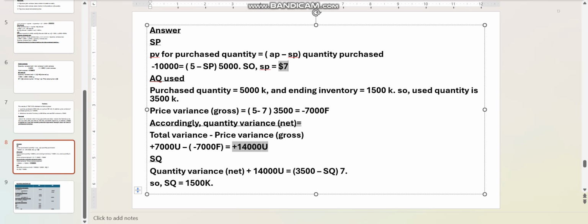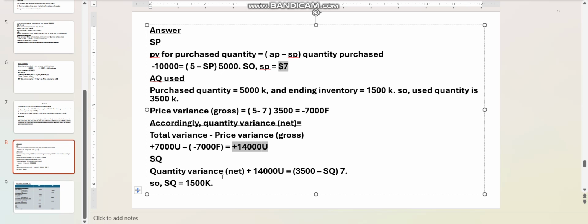Accordingly, quantity variance net can be computed through the total variance first. Total variance less price variance gross gives you quantity variance net, that is 14,000 unfavorable.